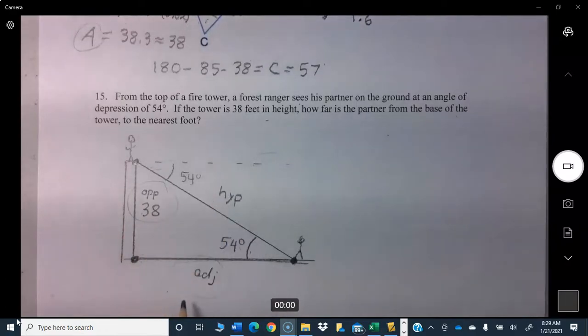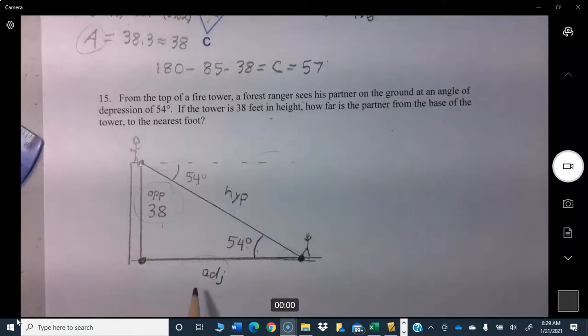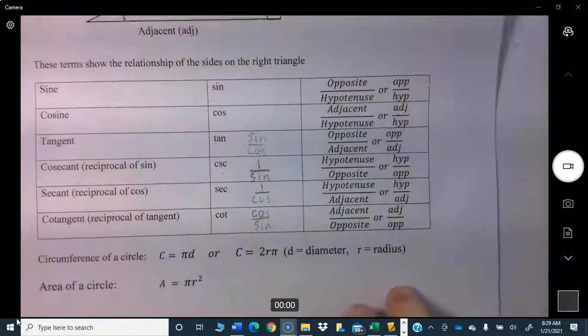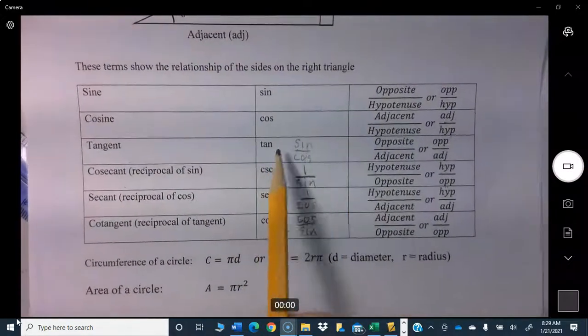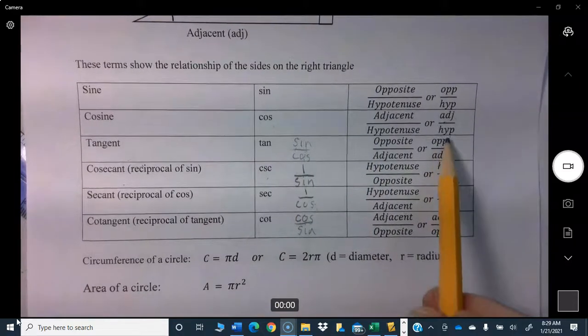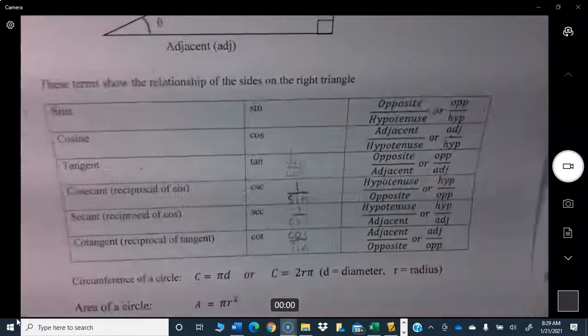We don't really care about the hypotenuse. They didn't ask us for this distance. So we know this, we're trying to find this. The relationship between opposite and adjacent would be a tangent. It's opposite over adjacent. That's the one we know. That's the one we're trying to find out.